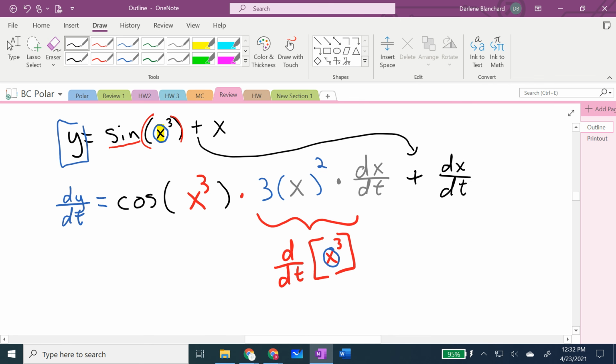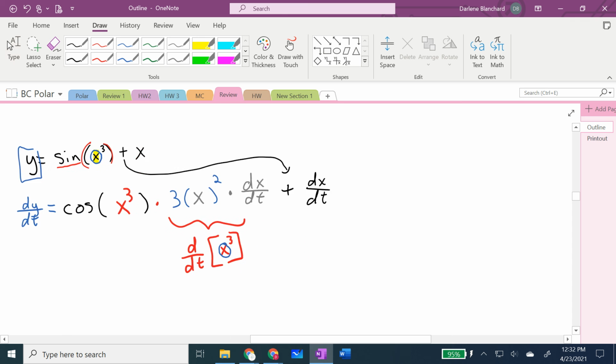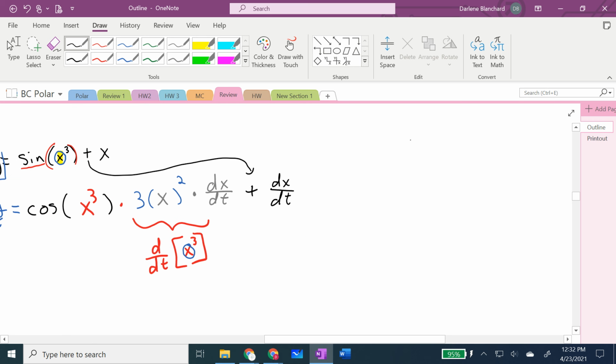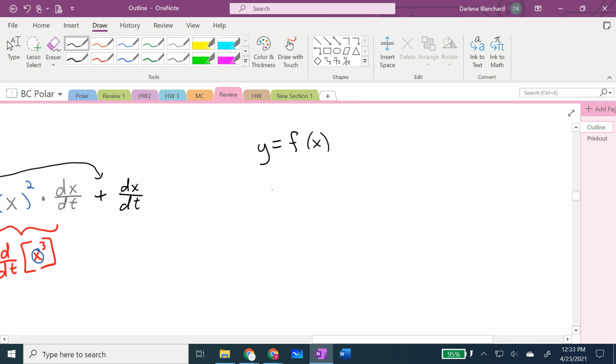Now, this is one way to handle it. But I want to also mention to you, if you have some y equals f of x function, and you're expected to take the derivative with respect to time, you can also do the following. dy dx, which you know to be f prime of x, is the same thing as, do you see what I'm setting up?